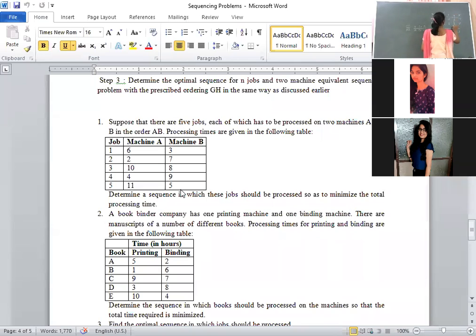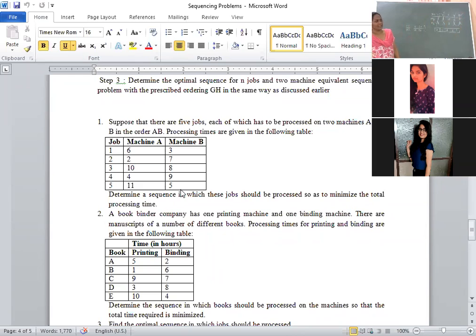Then this job goes off. Right now, on both the machines, the minimum processing time is 5 on machine B. If it is on machine B, you write right to left, so job 5. Cross it off. Then the remaining is the third job. Whatever the remaining job, you have to assign.